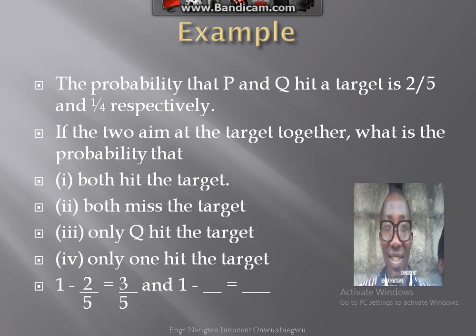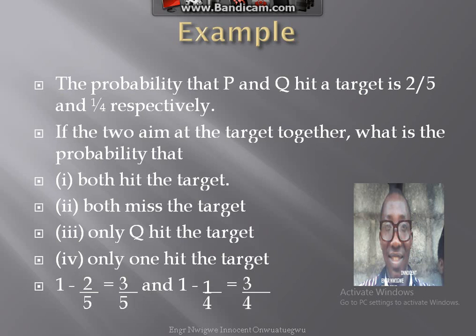For the probability of Q missing the target, we have 1 minus 1 over 4, which is equal to 3 over 4.